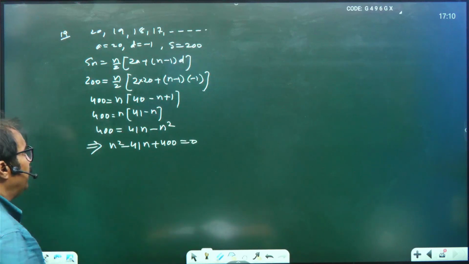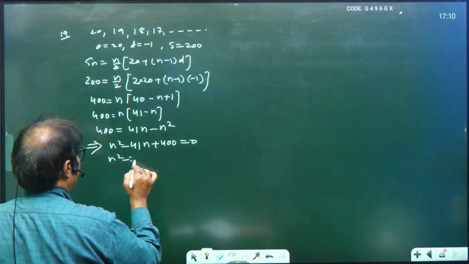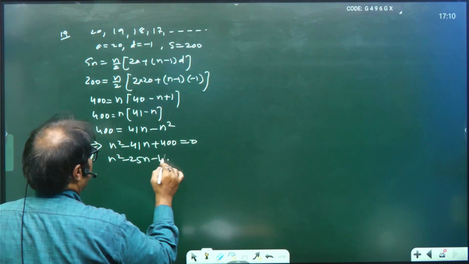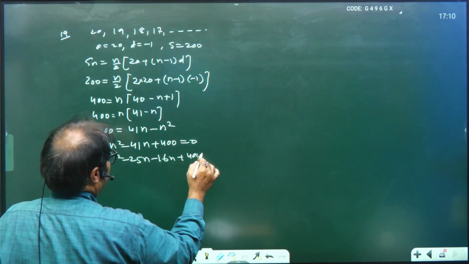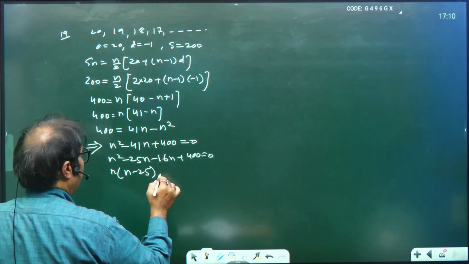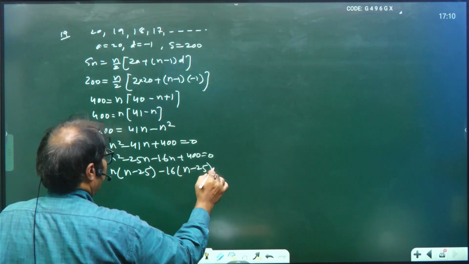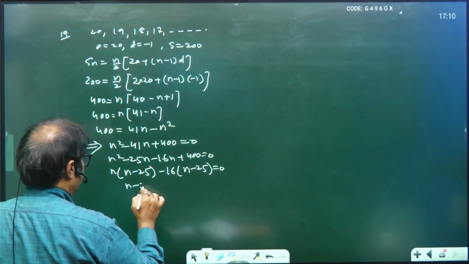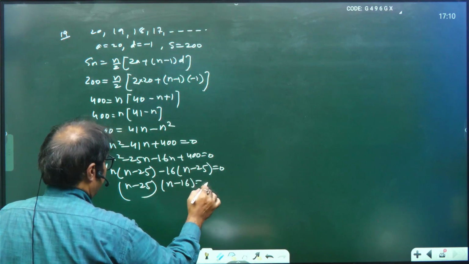And now factorize it. So n square minus 25n minus 16n plus 400 is equal to 0. So n is coming common, n minus 25, and 16 is coming common. So n minus 25 into n minus 16 is equal to 0.